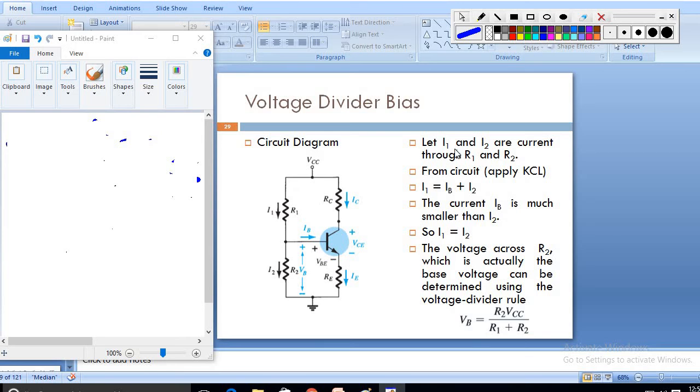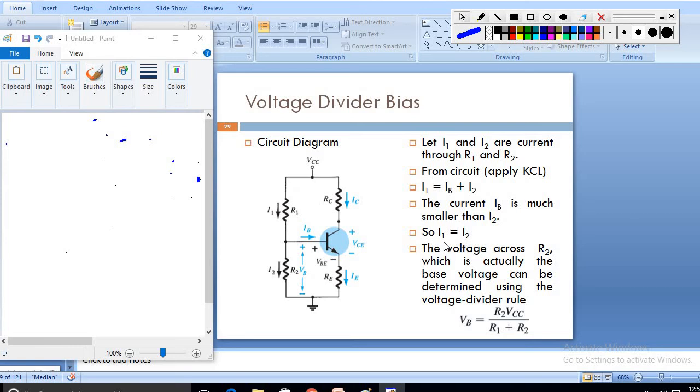Let I1 and I2 be the currents flowing through this R1 and R2, and the same thing at KCL: apply KCL to this particular node, and the sum of incoming current is equal to the sum of outgoing current. Incoming current is I1 and outgoing currents are IB and I2. So I1 is equal to I2 plus IB. The current IB is much smaller, so you have to neglect this.